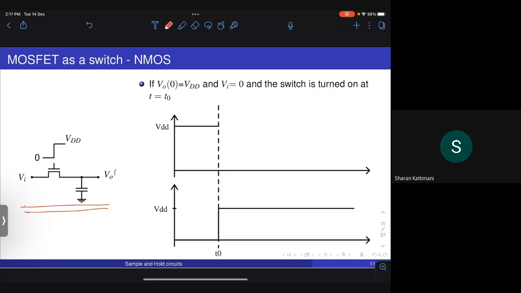So initially the output is charged to VDD. At time t equal to t naught, the switch closes and Vi is at 0. So what happens to the voltage across the capacitor now? It will definitely start discharging, but in which region will the transistor be?